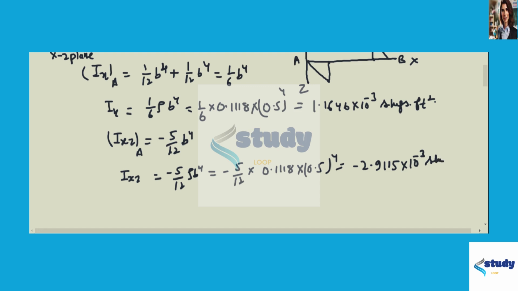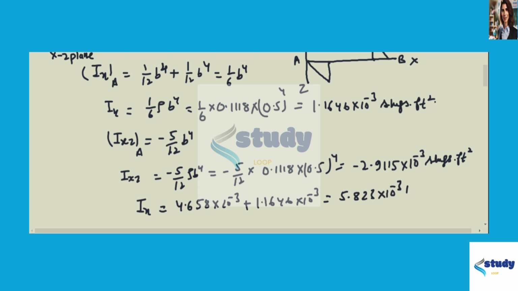I am writing in terms of slugs feet square, and Ix will be equal to 4.658 10 to the power minus 3 plus 1.1646 10 to the power minus 3. So it would be 5.823 10 to the power of minus 3 kg meter square.